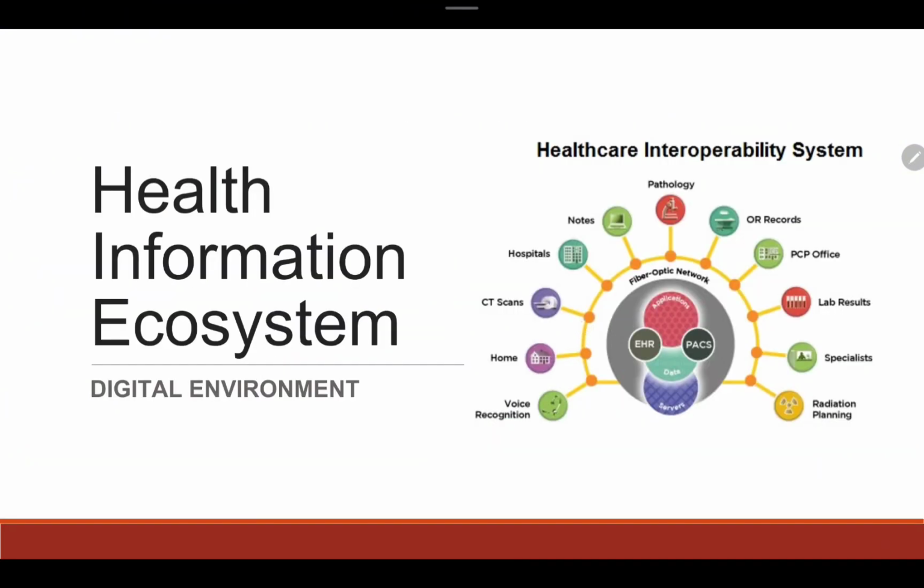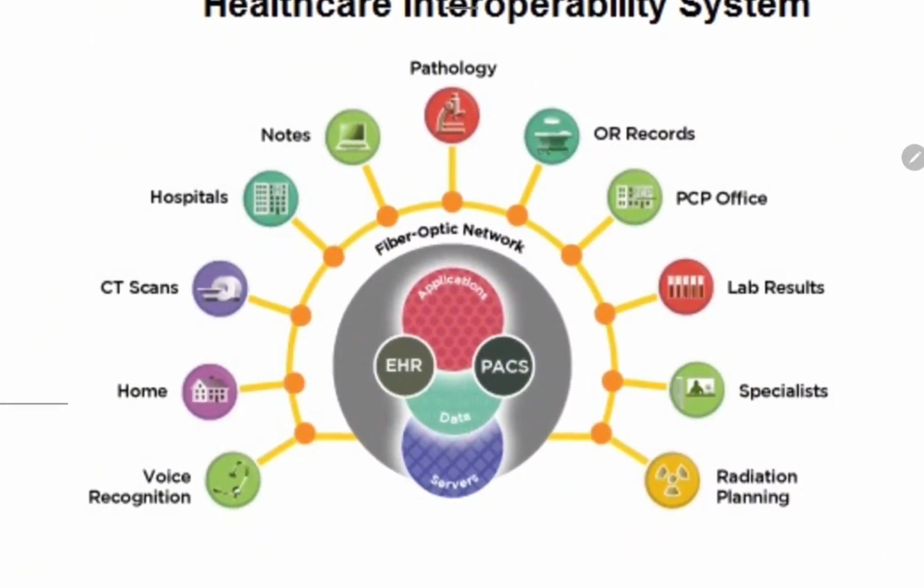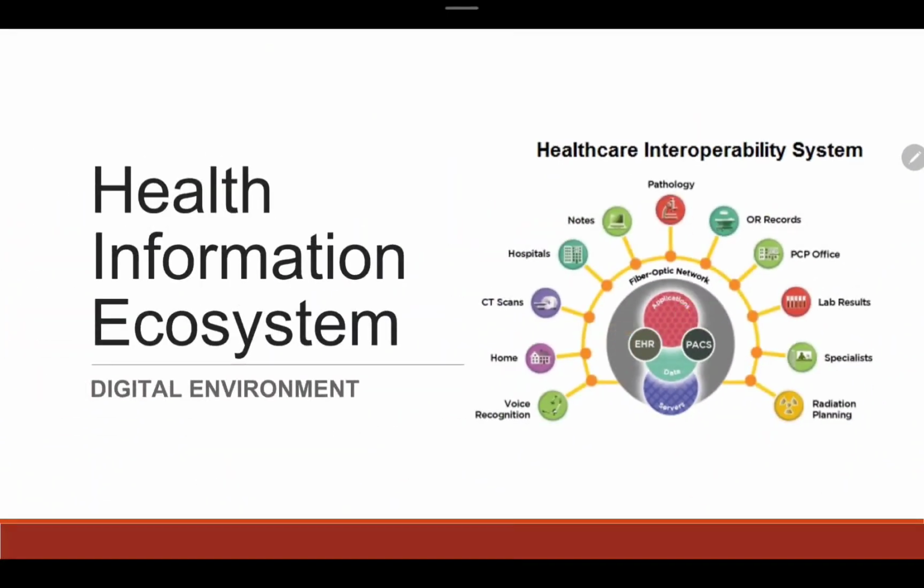Okay, the health information ecosystem. When you talk about an ecosystem, it means different systems combined. We have so many systems here. A biological community of interacting organisms under a physical environment, that is how we define an ecosystem. But in the health information ecosystem, think of it as a digital environment.